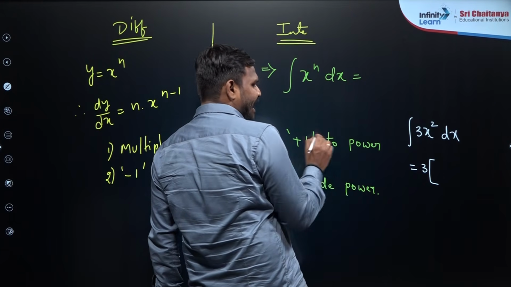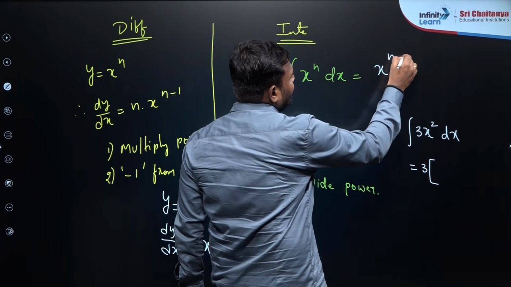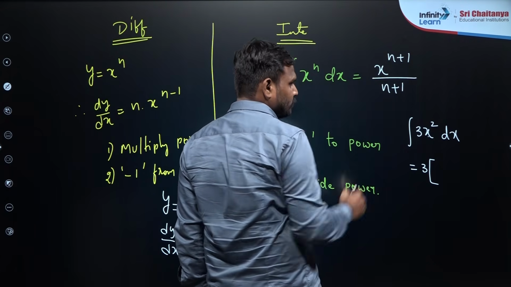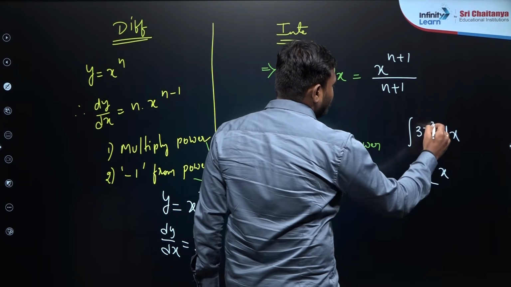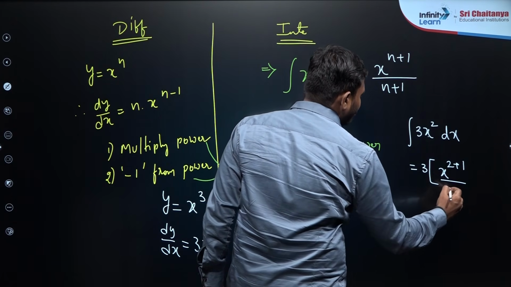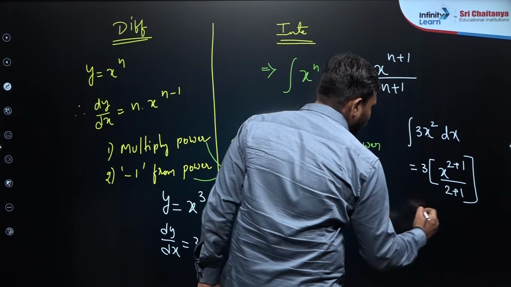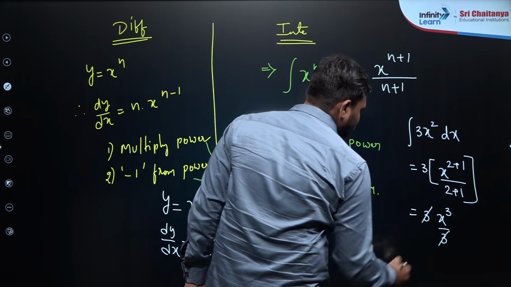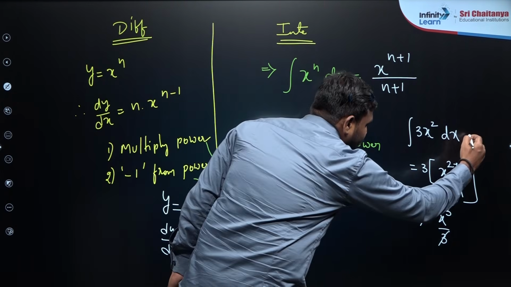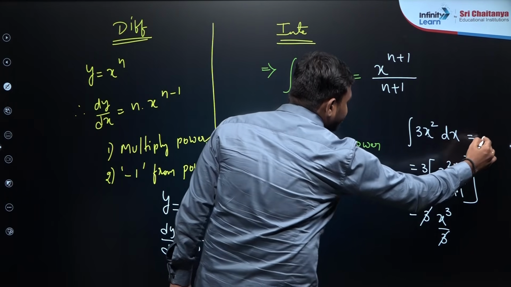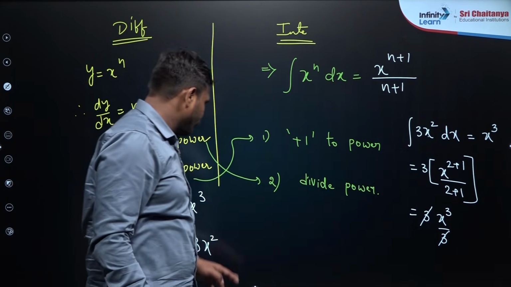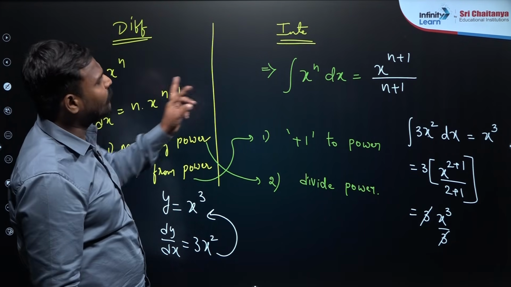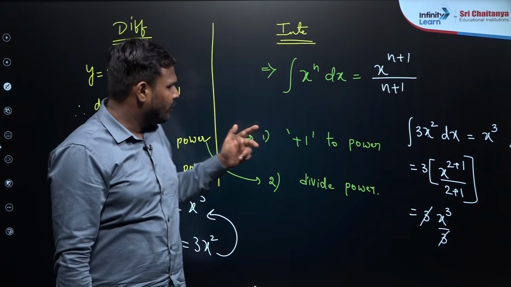Add 1 to the power, that is n plus 1, and divide by n plus 1. So x power 2 plus 1 divided by 2 plus 1 becomes x cube by 3. So you can see the final answer of integrating this is x cube, which is exactly the reverse of differentiation. All formulas are prepared in such a manner, exactly opposite.